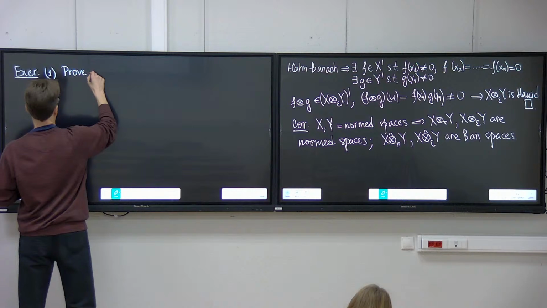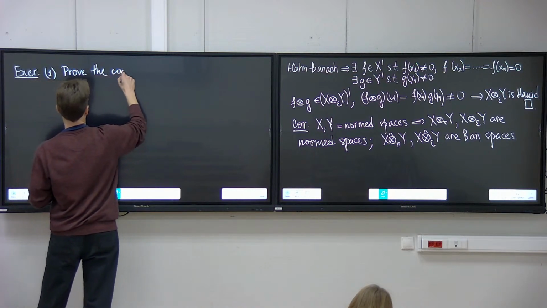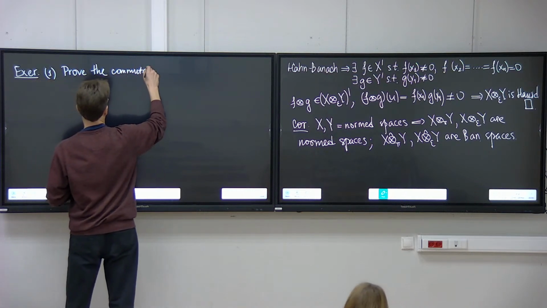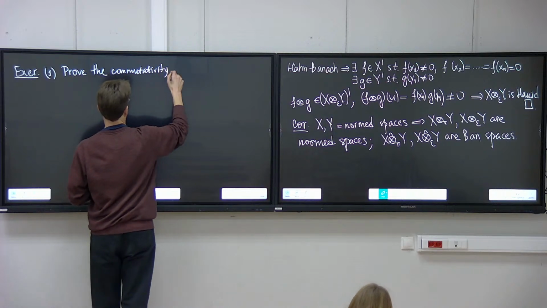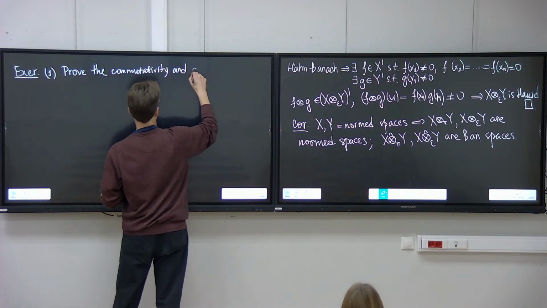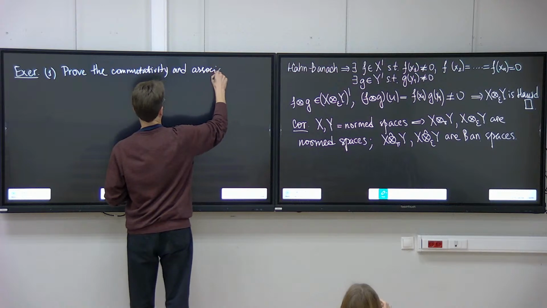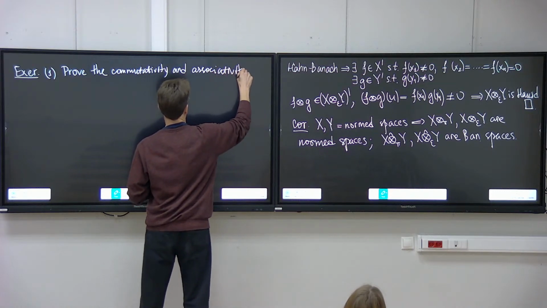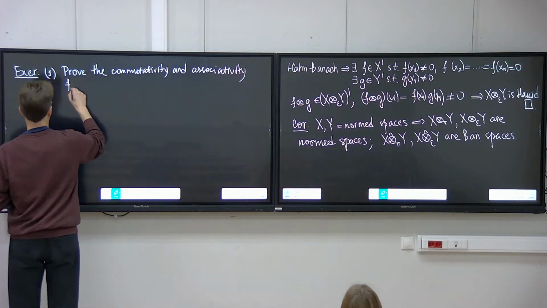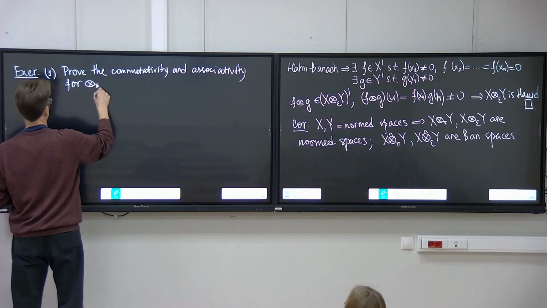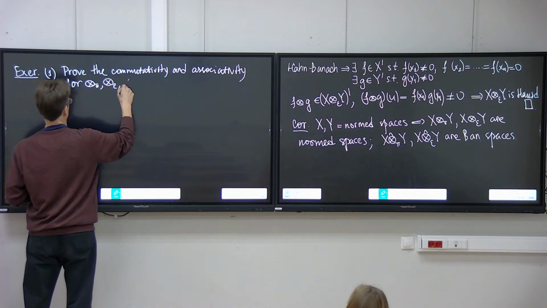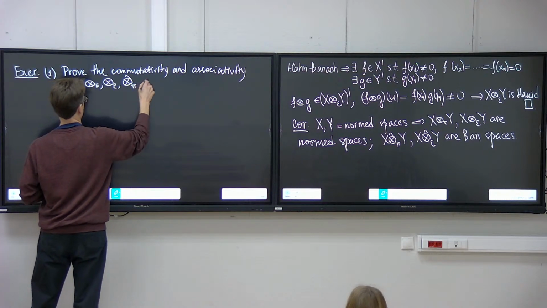Part 1: Prove the commutativity and the associativity for the projective and injective tensor products and for their completions.